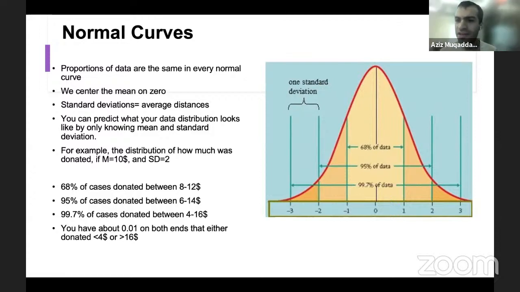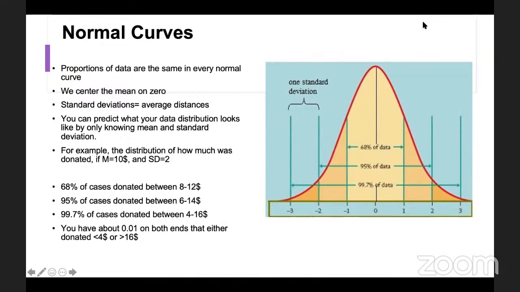What do we call these cases, by the way? We've mentioned there's a name or a label for them. What do we call cases on the end tails of both ends, the positive and negative? Do you remember what we call them? They're called outliers.